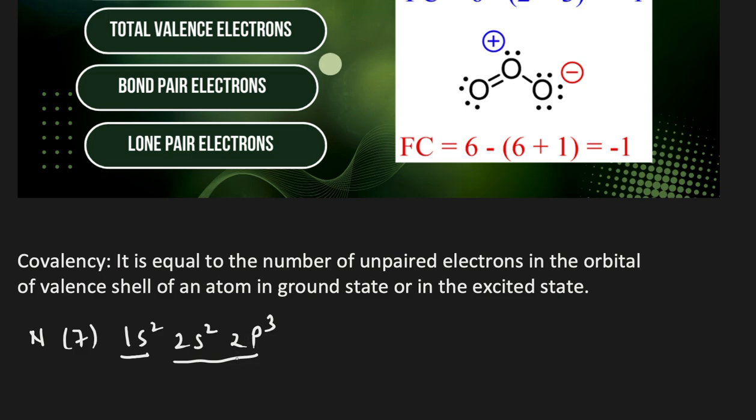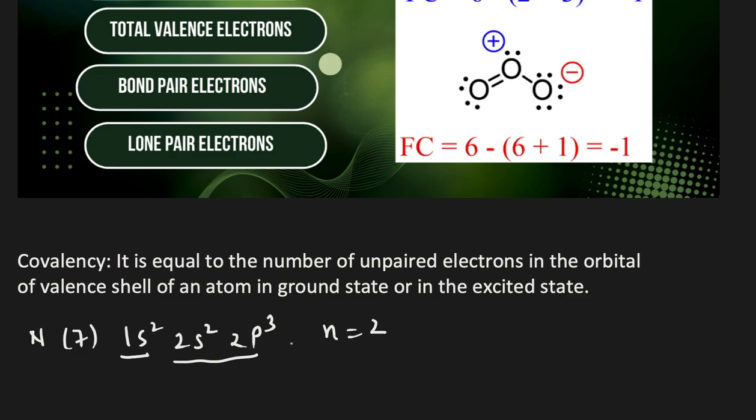So whatever the maximum principal quantum number is, the electrons in that particular principal quantum number signify the valence shell. So here the maximum principal quantum number is 2, right? So that is why we have 2s and 2p, and there the available electrons are 2 and 3, that is why we have a total of 5 valence shell electrons.